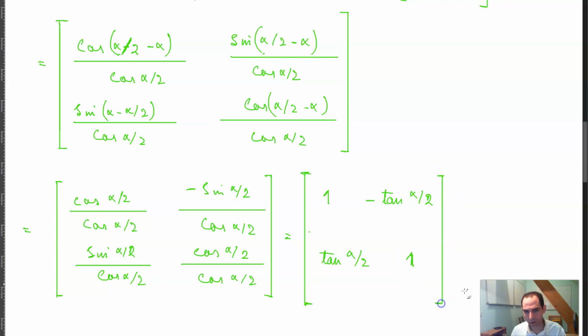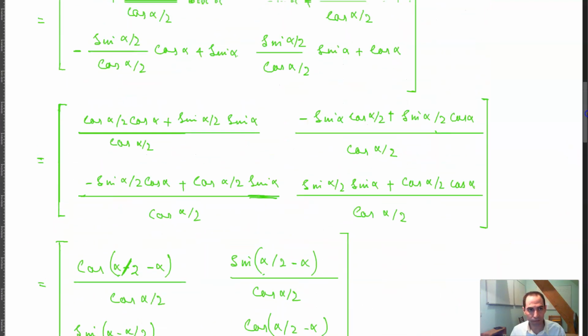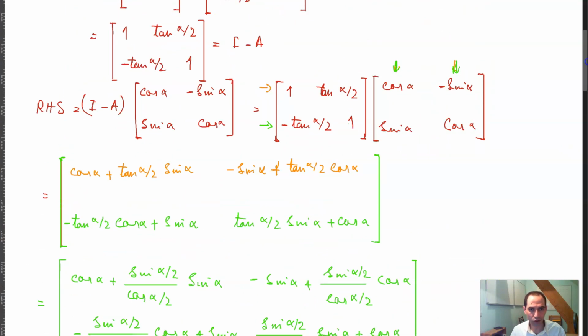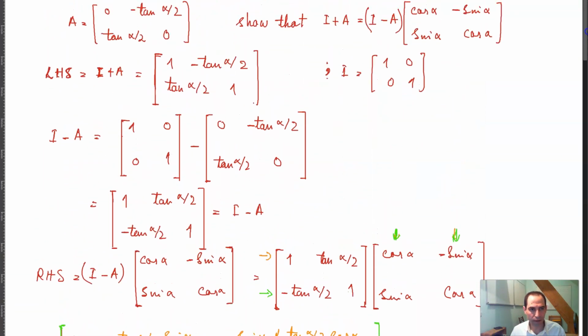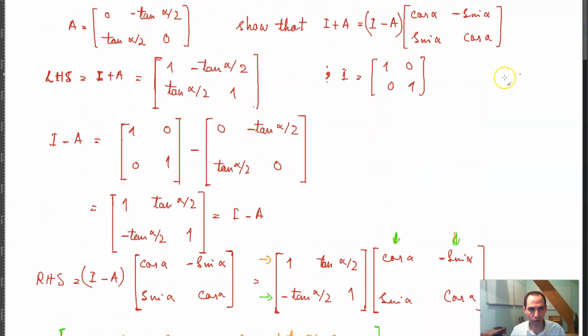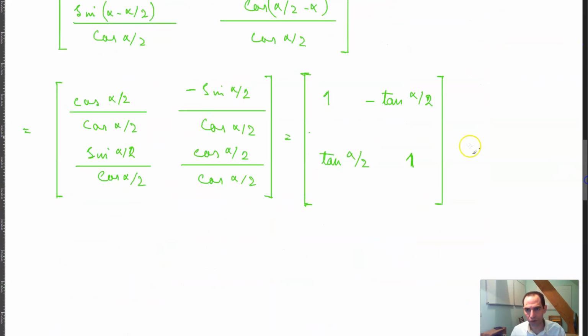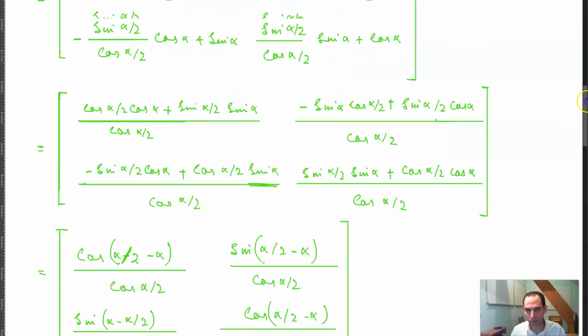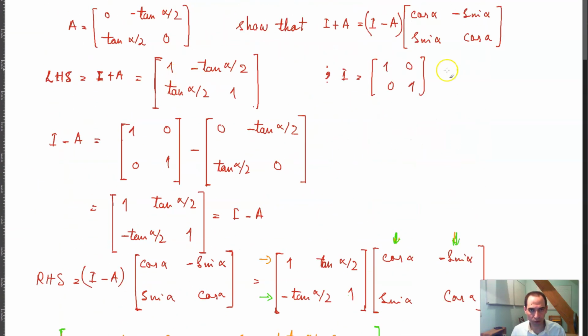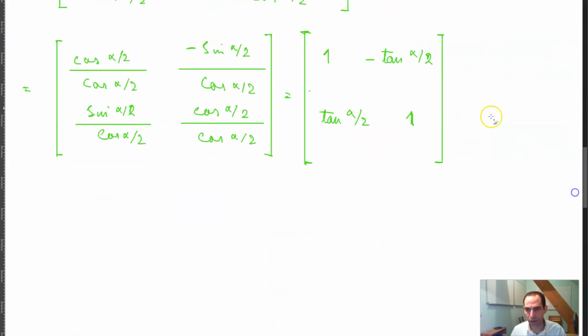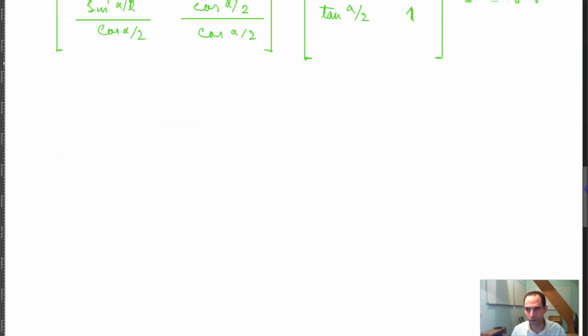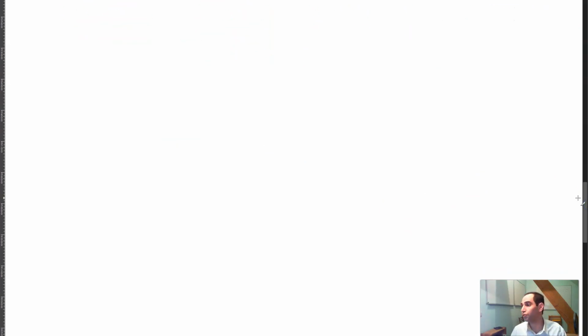So this was your RHS, and it's actually equal to your LHS, which is 1, negative tan of alpha by 2, and tan of alpha by 2, 1. So we have proved whatever it was that we wanted to prove.